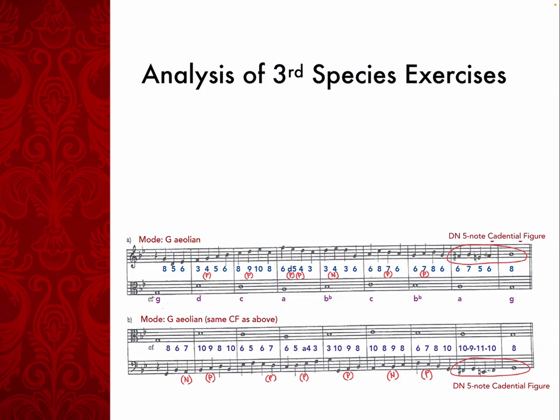So this is 6, 5, 4, 3, 3, 4, 3, 6, 6, 8, 7, 6, 6, 7, 8, 6. 6, 7, 5, 6, 8. If your numbering system goes above 10, if you start going 11, 12, 13, don't do that. Use these simple rather than the compound numbers.